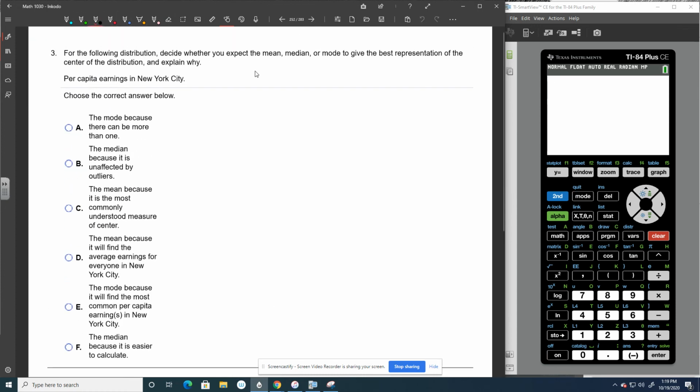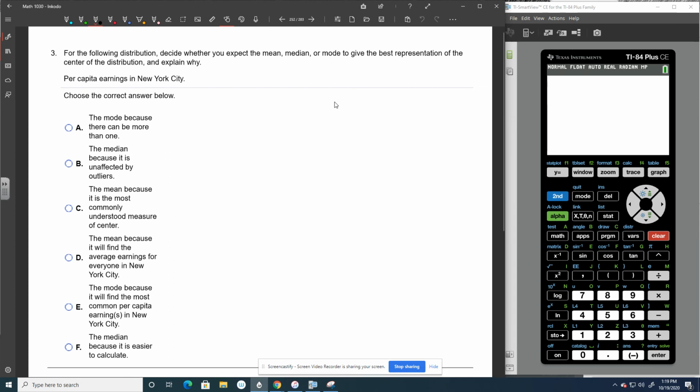All right, moving on. For the following distribution, decide whether you expect the mean, median, or mode to give the best representation. Numbers 3 and 4 are going to vary completely based on the situation. What we're considering is outliers. So for example, per capita earnings in New York City.